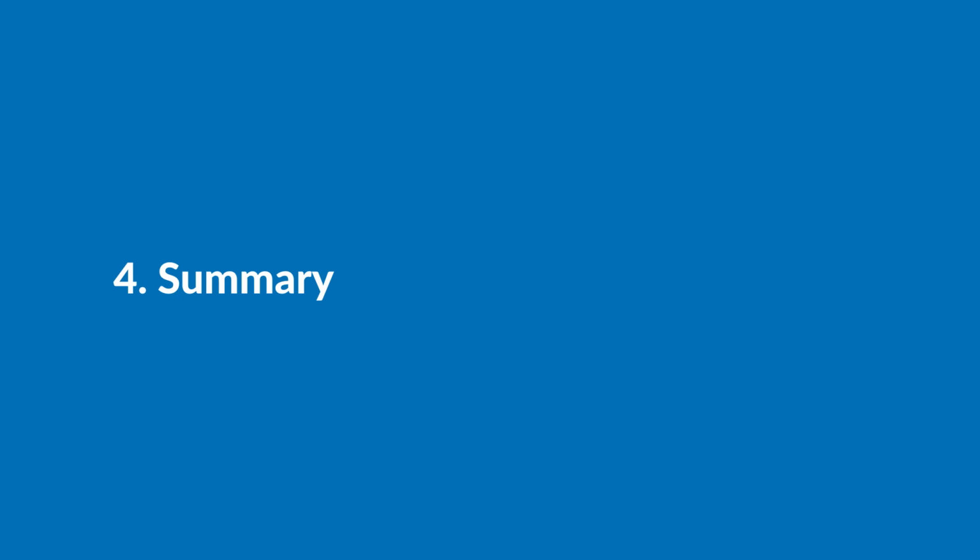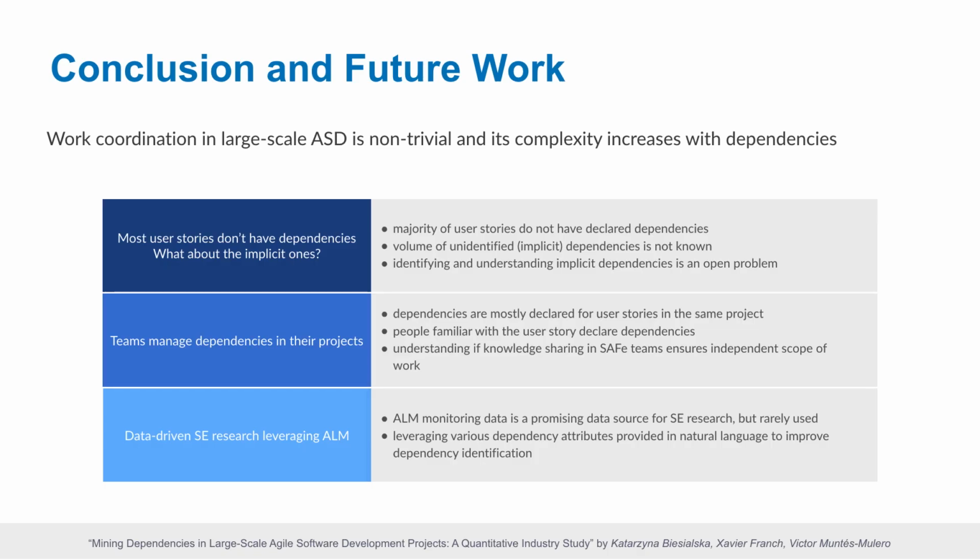To summarize our presentation, let us now briefly focus on the 3 thematically grouped key takeaways and implications of our study. The large majority of user stories do not have declared dependencies, yet the volume of unidentified dependencies is unknown. It remains to be clarified.